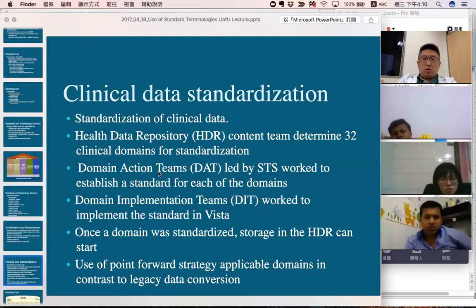I think one is the action team and one is the implementation team. The action team is more like an evaluator. They will do a survey, watch the system, make conclusions and make suggestions. Then the implementation team is in charge of developing the system.